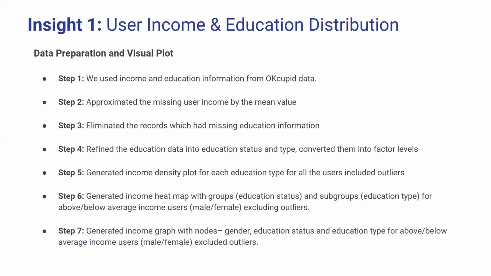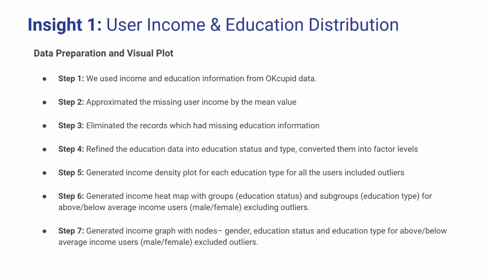To go along with the steps, the way we did it is basically we used the income and education information from the OkCupid database, and from the data we removed the missing information for any income and replaced it with the mean value.